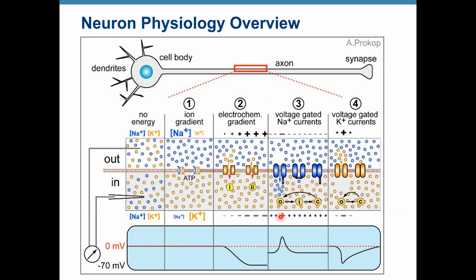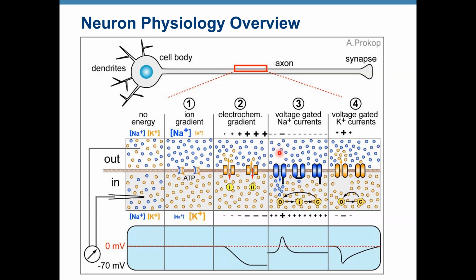To make the cell positive inside, we need to bring positive charges in. So if some sodium gated channels are open, then sodium starts moving in. And when positive particles move in, the cell becomes more and more positive inside, right?